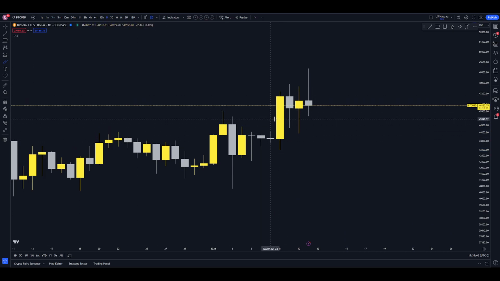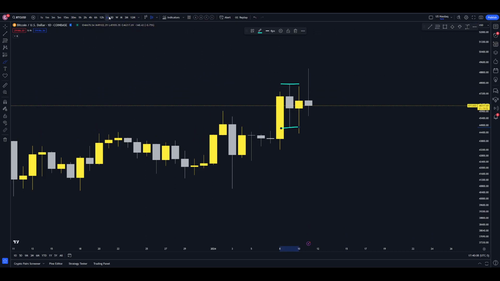So there's 2 parts to the candle. There's the body, which is the rectangular block that you're seeing here, or the gray block. And then there's the wicks, which are these lines on the other side of the blocks, okay? So this is the body and the wicks, all right? And the wicks here are representing the highest point and the lowest point that price has traded in this time period.